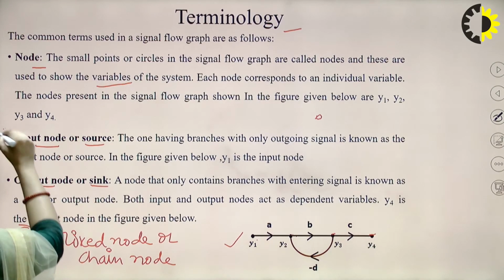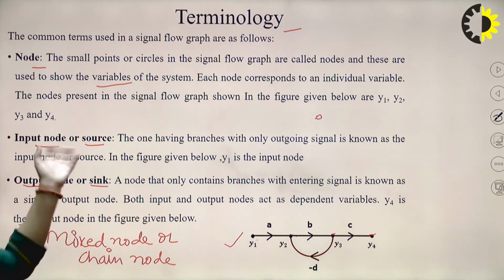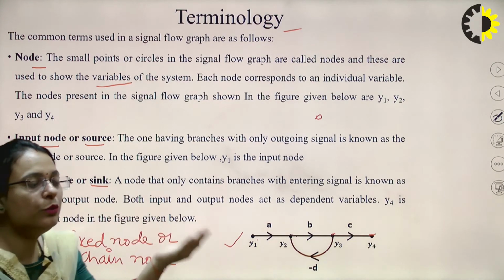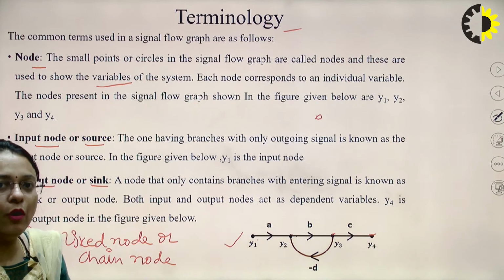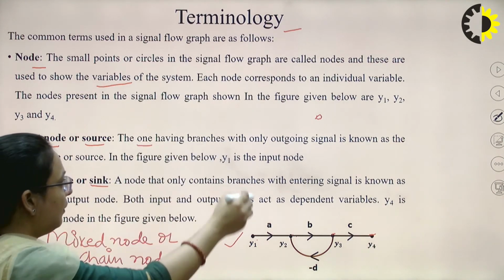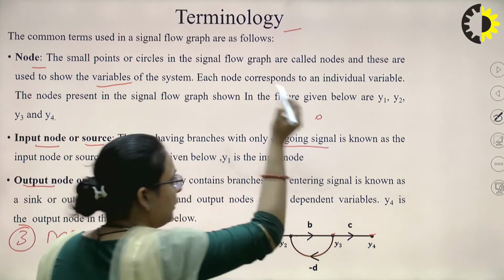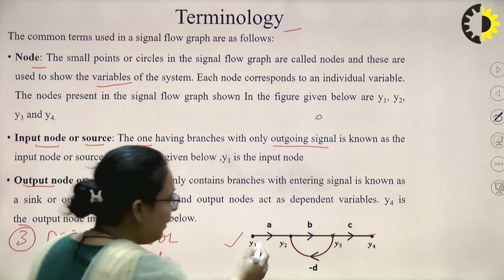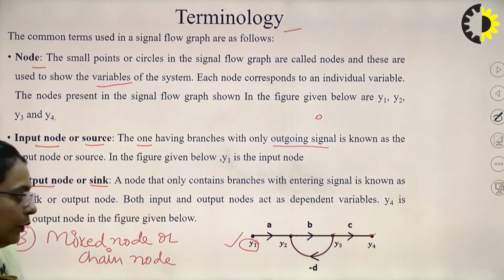So what is an input node? The node which is having only outgoing branches, with only outgoing signals, is called the input node. So in this figure you can say Y1 is the input node.